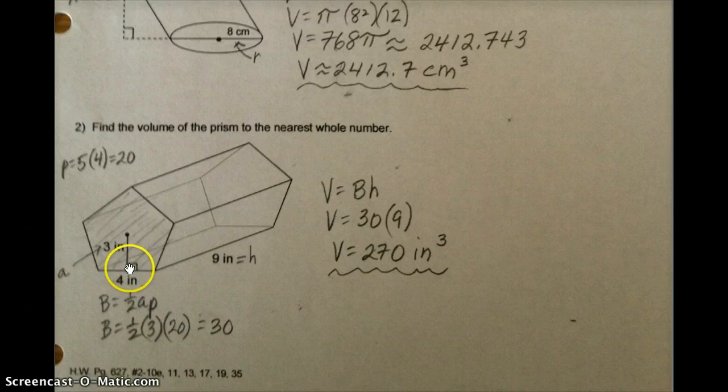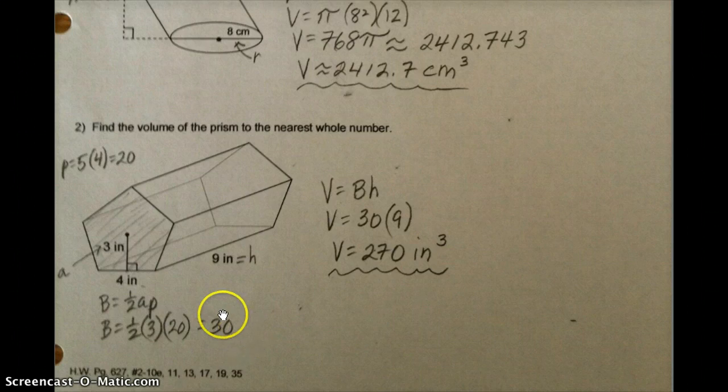We are given this apothem here now. It's 3 inches. And the perimeter is going to be, if this side is 4, we have 5 sides, so we multiply it by 5, and we get 20. So our area of the base, based on 1/2 apothem times perimeter, is going to be 30 inches squared. Because this is an area of the base, it should be 30 inches squared.